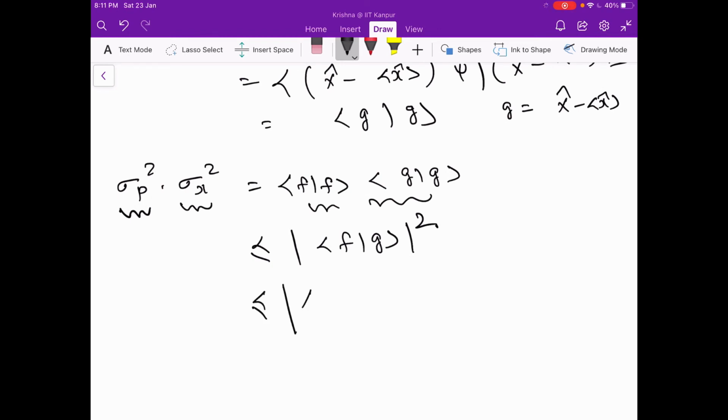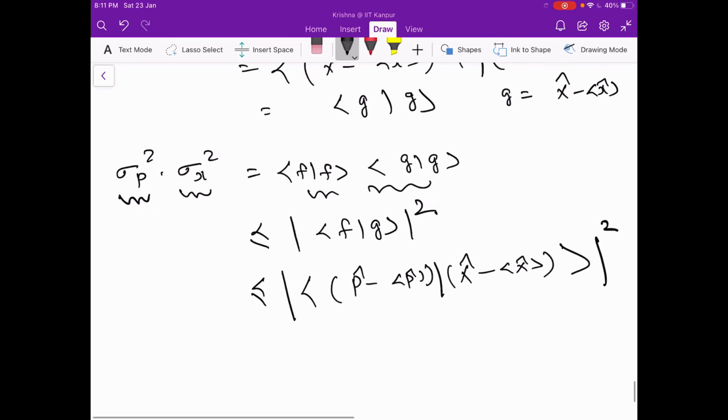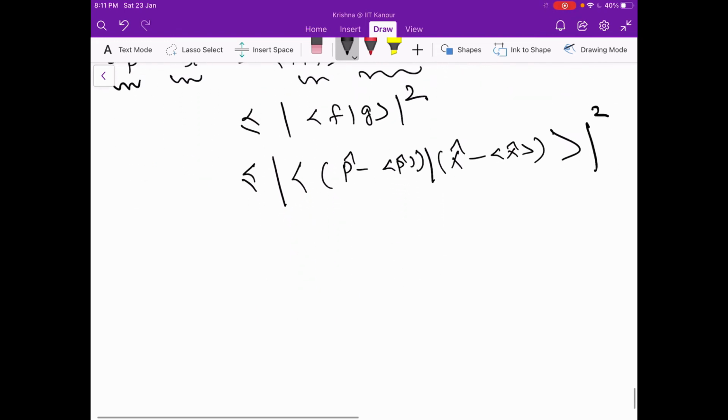I have defined somewhere p hat minus average of p, x hat minus average of x. Okay, and again, now I have to break this apart.